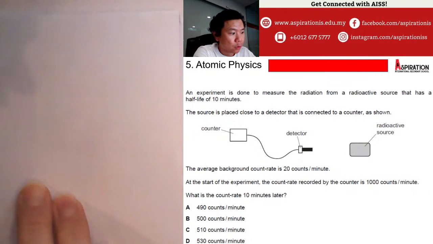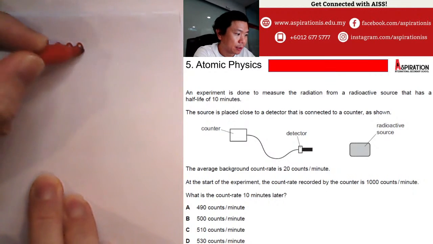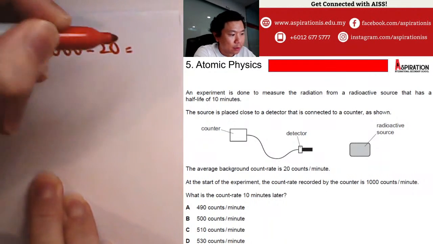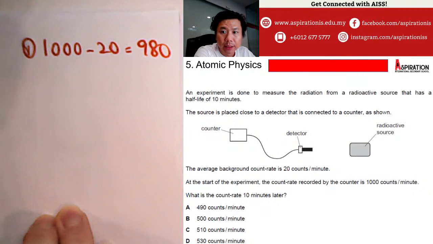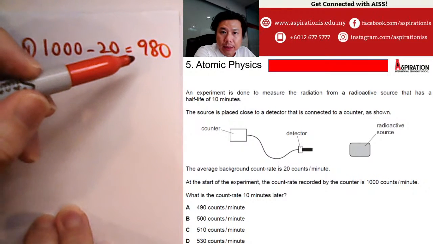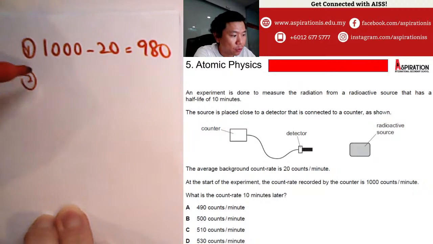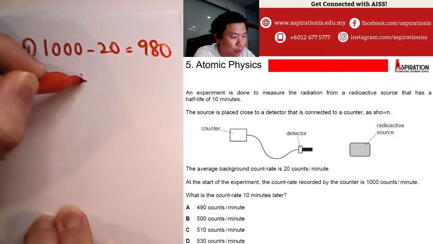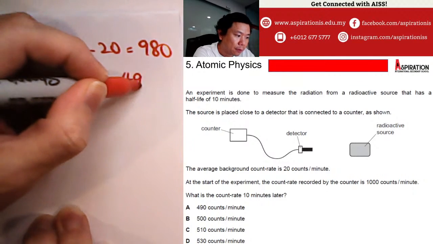Okay. So what you need to do is the first step is you got to take 1000 minus 20. So you're going to get 980. Correct. Now, this is the count rate due to the source alone, and it does go through half-life. So 980 divided by 2, which is 490.